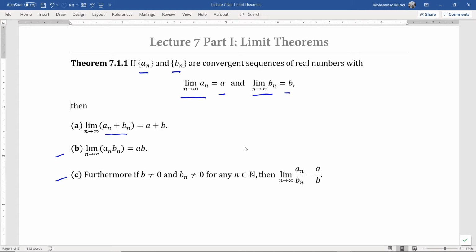In other words, the limit of the quotient of sequences equals the quotient of their limits. Let's have a look at the proofs of the statements A and B.